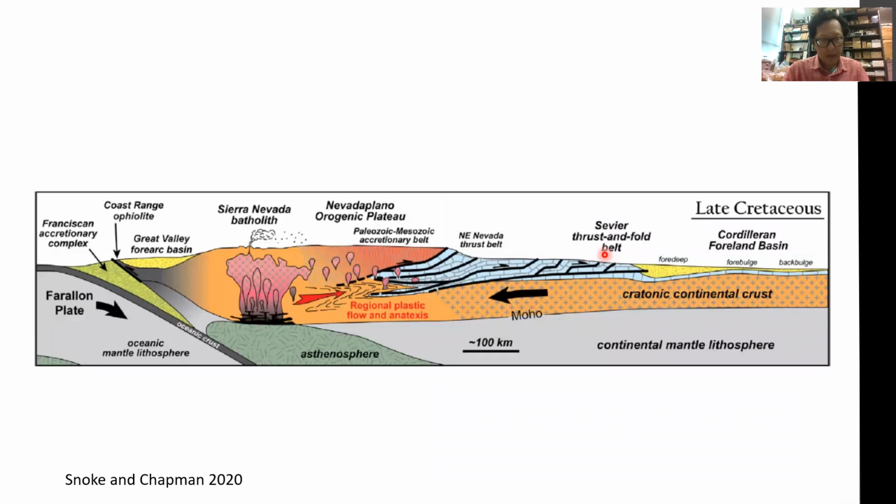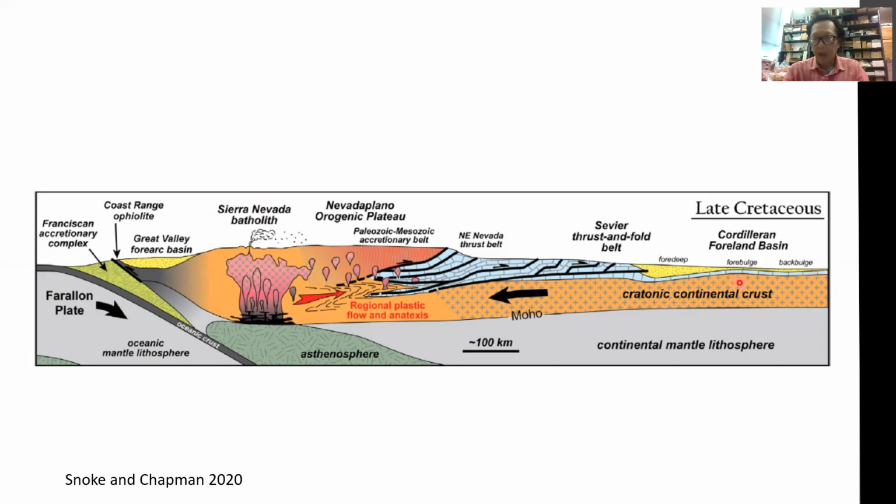Now, this is an interesting diagram from Snook and Chapman, a bit more accurate than my cartoon before, but I want to show you something very simple first. And here's where you have a subducting plate. Here's your Sierra Nevada type batholith and volcanism going on here.